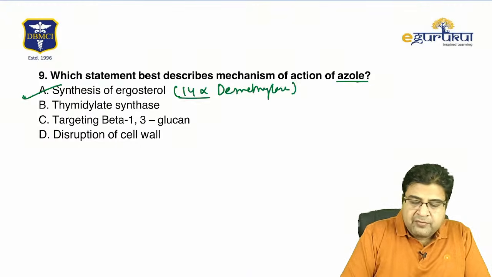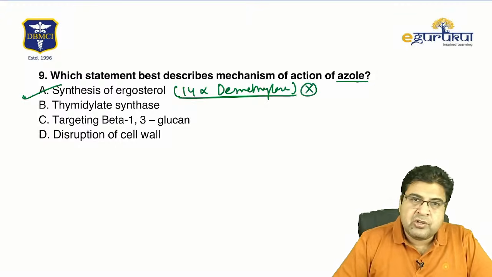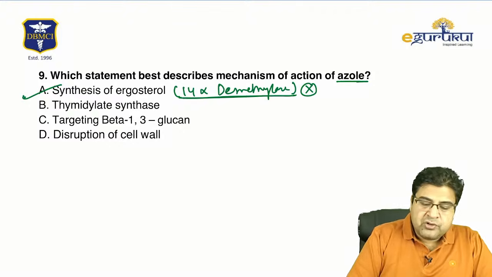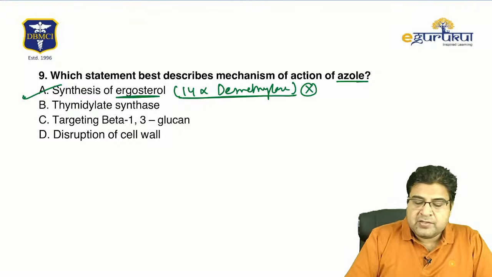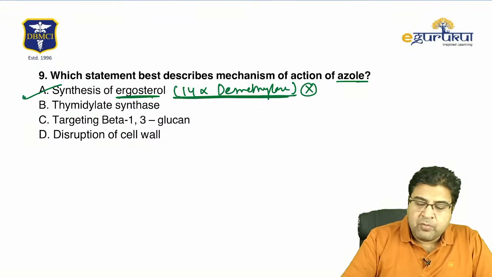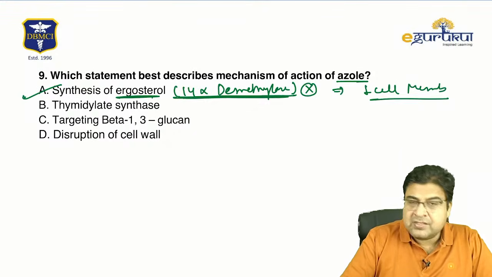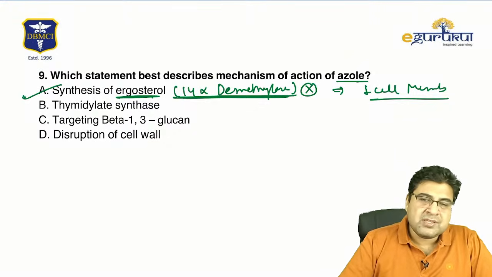By inhibiting 14 alpha demethylase enzyme, they can stop the ergosterol synthesis. Ergosterol is the raw material for the fungal cell membrane. So fungal cell membrane synthesis will not take place.